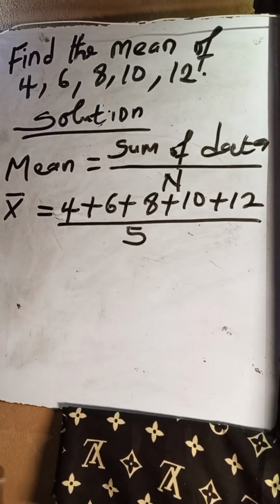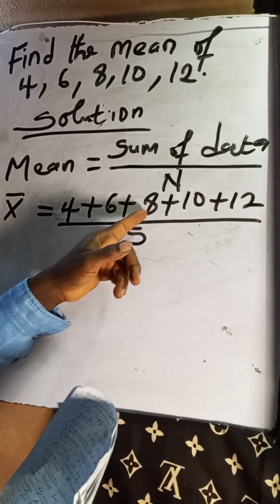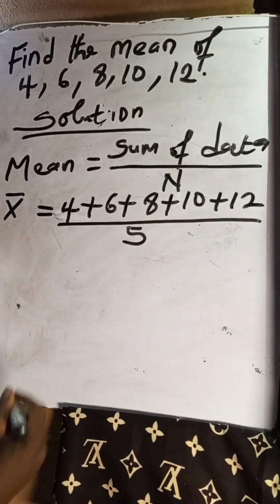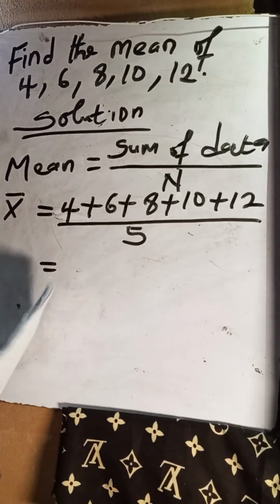Why are we dividing by 5? Because we have 1, 2, 3, 4, 5. So n is equal to 5.